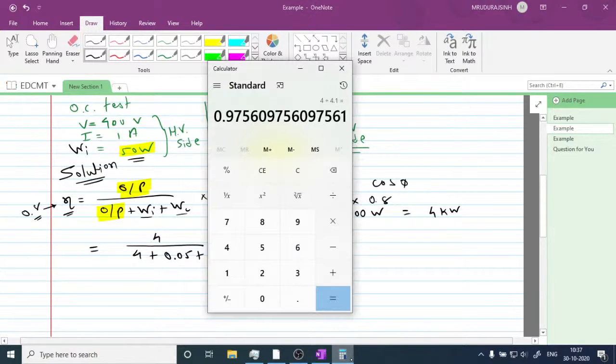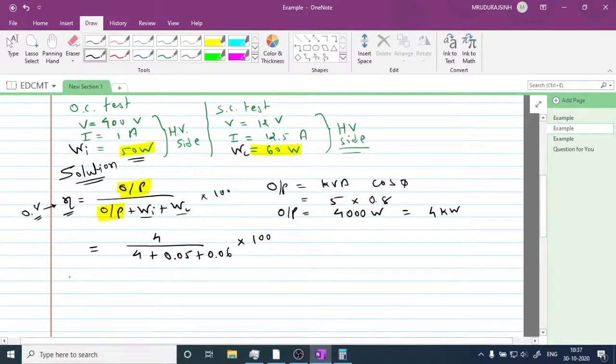So we can directly write 97.56. So the efficiency at full load is 97.56%. That's quite a good amount of efficiency. And you know that amongst all the electrical machines, the highest efficiency achieved by any machine is the transformer, right? Because it does not contain any rotating part.